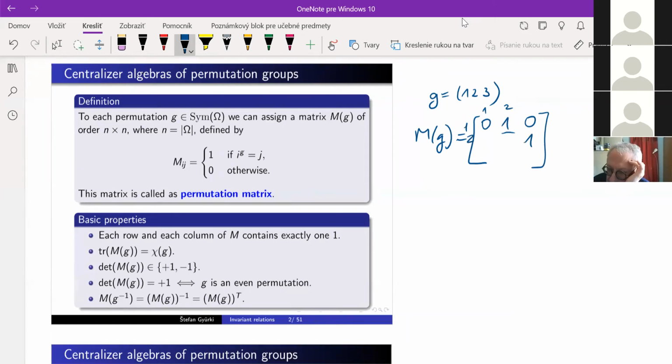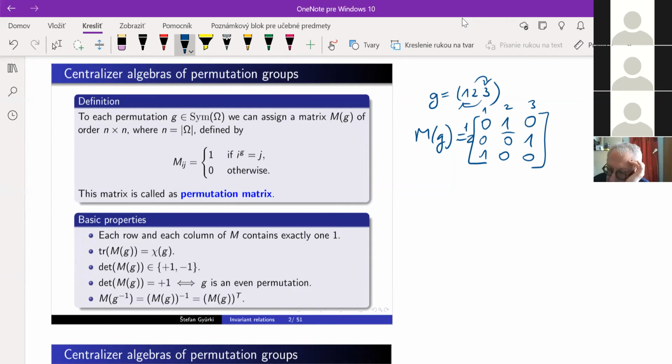In the second row and third column I put 1 because 2 is moved to 3 and 3 is moved to 1. I put 1 to the third row and the first column. So I can define like this a permutation matrix.